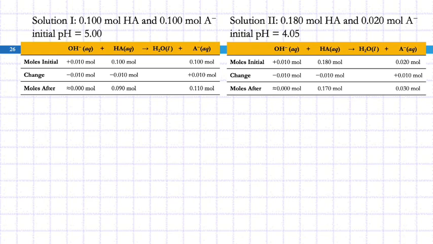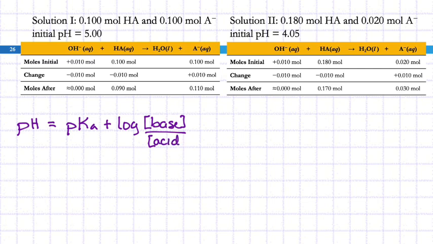That's okay. So let's calculate the pH using that equation. The pH is equal to the pKa plus the log of the base divided by the acid. We have moles here instead of molarity, and it does say molarity here.